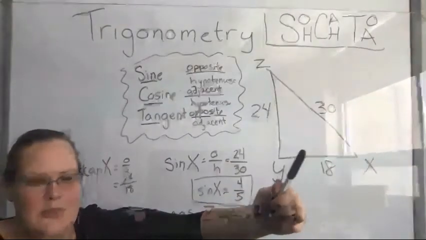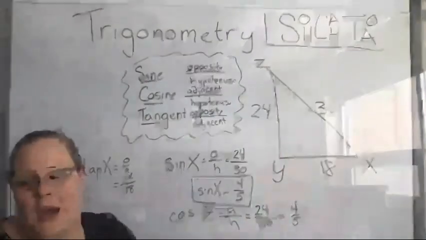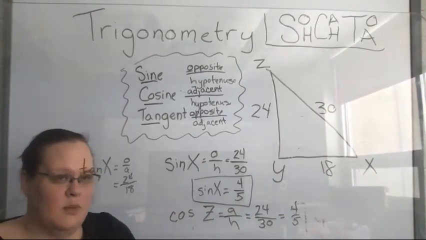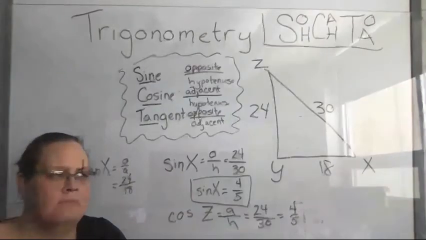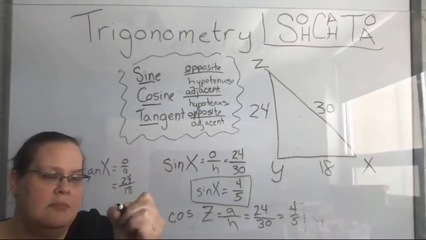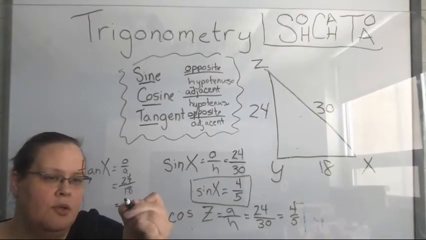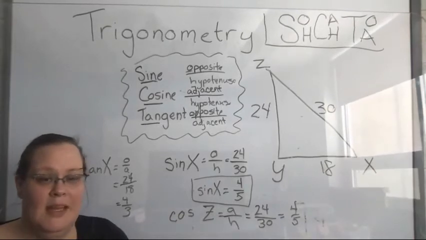There are two sides touching this x, but the one across from the right angle is always called the hypotenuse, so we want the other one. So 24 over 18. We can simplify this into 4/3, and that's our ratio.